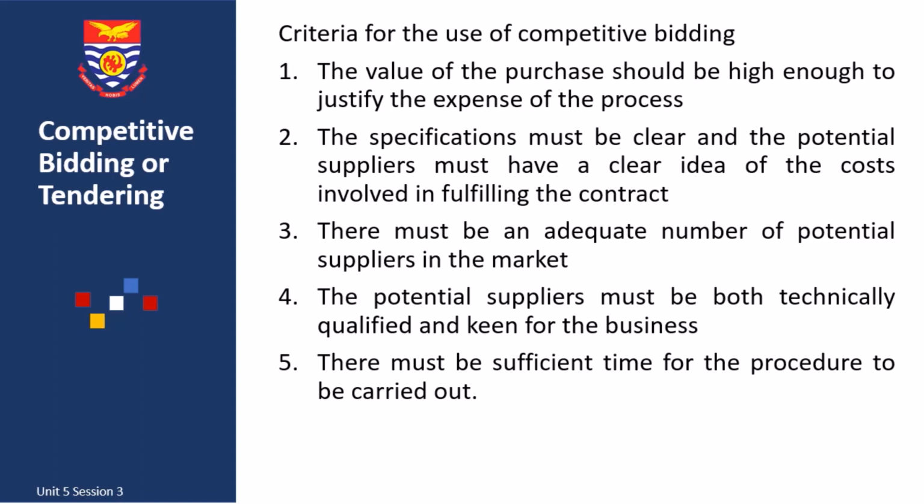The fourth criteria is that the potential suppliers must be both technically qualified and keen for the business. The suppliers we are advertising our document to must have the knowledge, the skills, the technical know-how and the people to execute the contract.